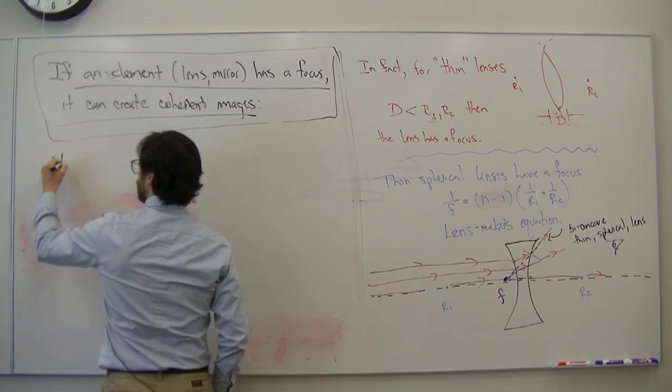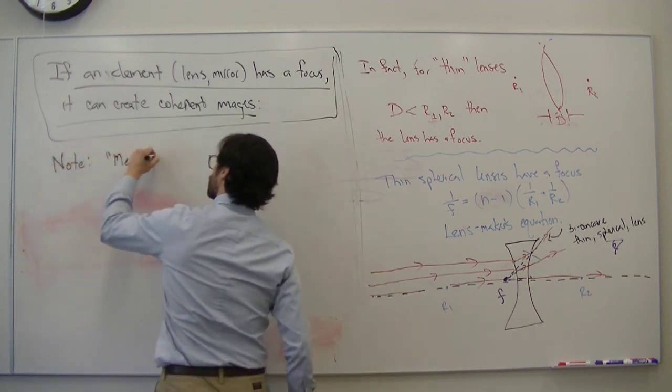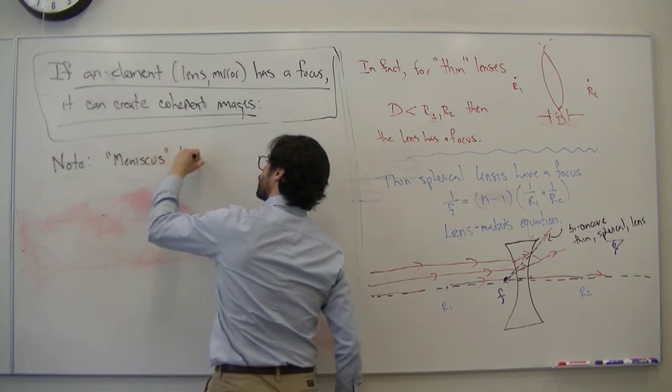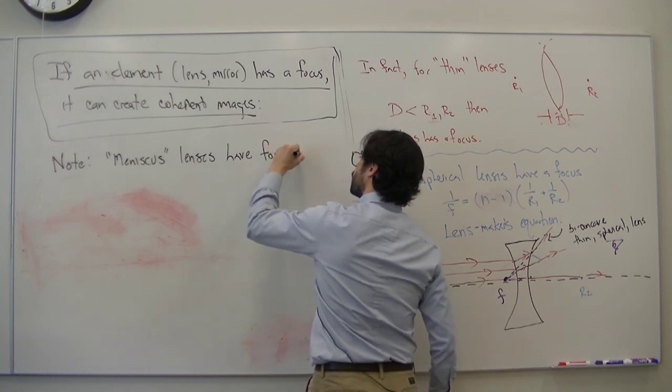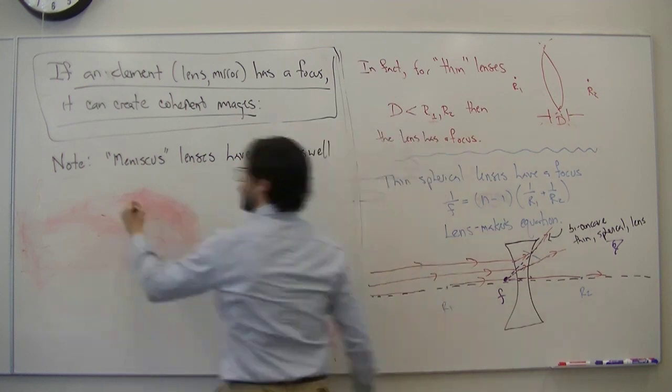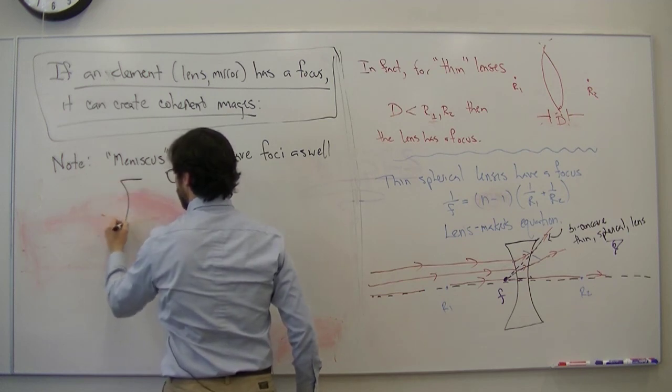So these are what are called meniscus lenses. A meniscus lens might have a convex and a concave side.